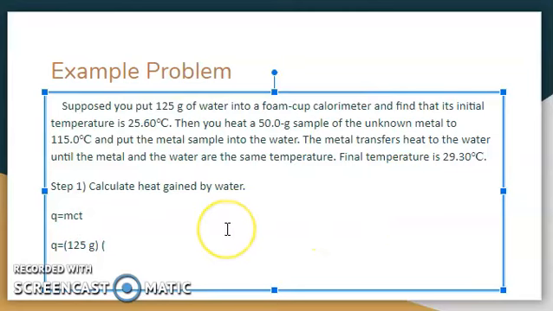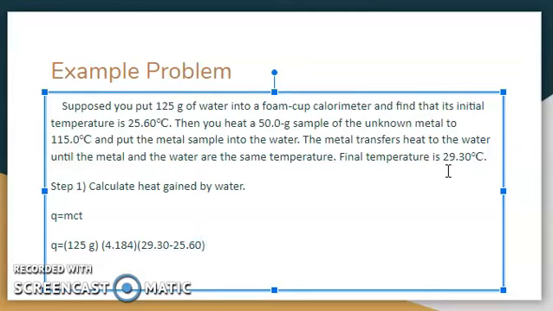And the specific heat of water is not given here, but it is widely known, and it's 4.184 joules per gram degrees Celsius, multiplied by the change in temperature. The change in temperature is the final temperature, 29.3 degrees Celsius, minus the initial temperature, 25.6, and we're going to put this in our calculator.